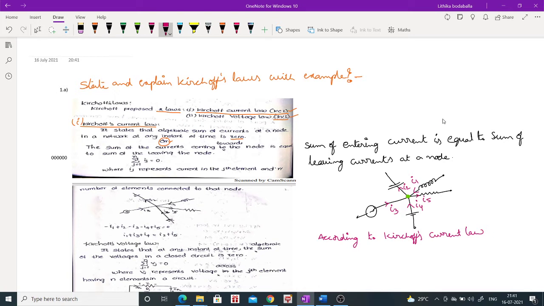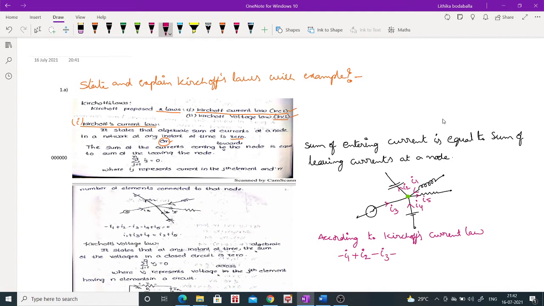See here, the current I1 is coming towards the node, so I am writing it as minus I1. I2 is going away from the node, so I2 is positive, that is plus I2. I3 is coming towards the node, so minus I3.